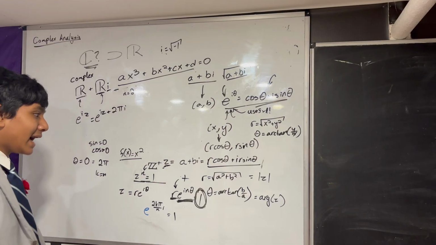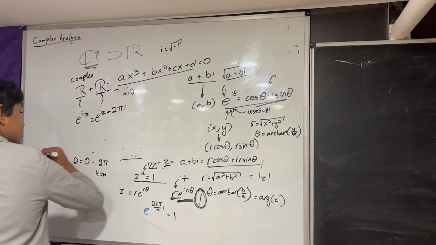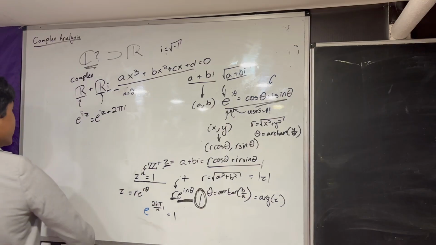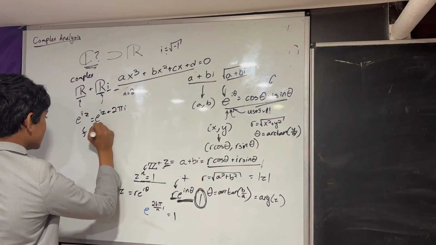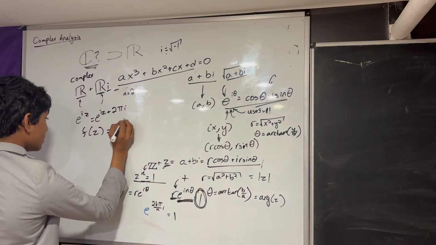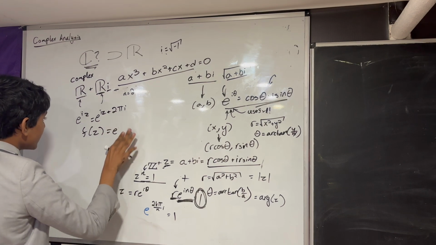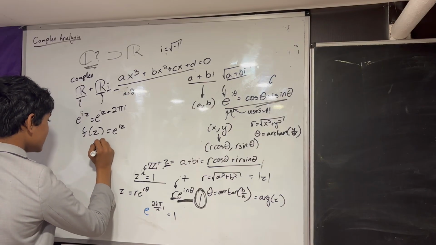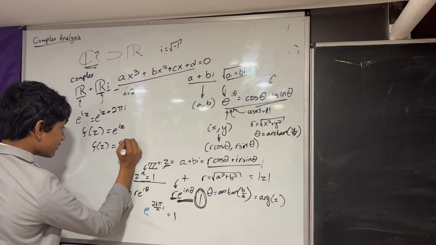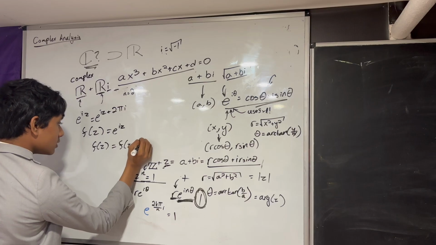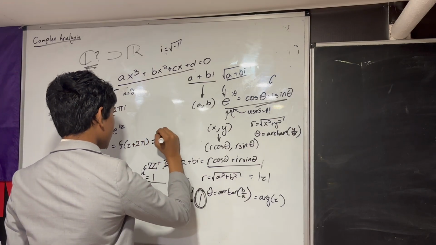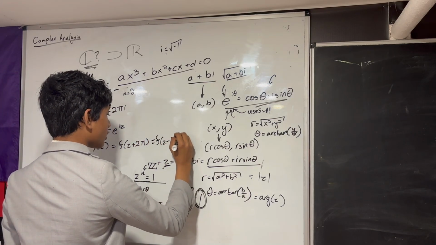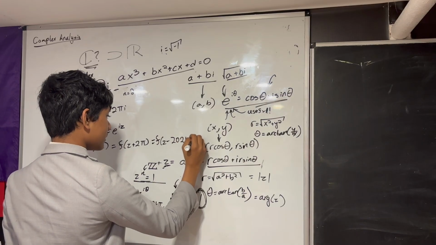It's literally the exact same. So if we define f of z is equal to e to the iz, we now have f of z is equal to f of z plus 2 pi, which is equal to f of z minus 2024 pi.